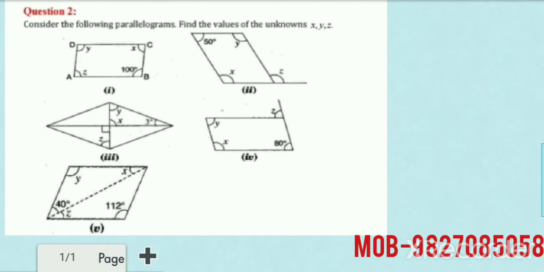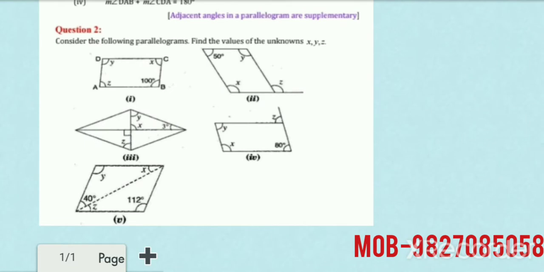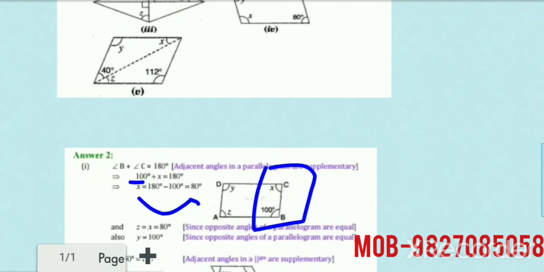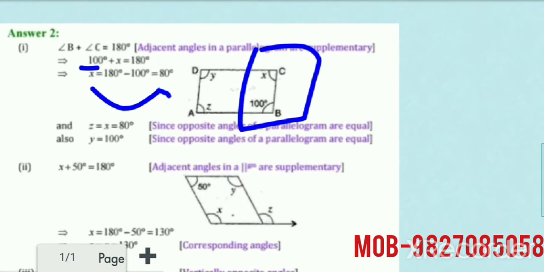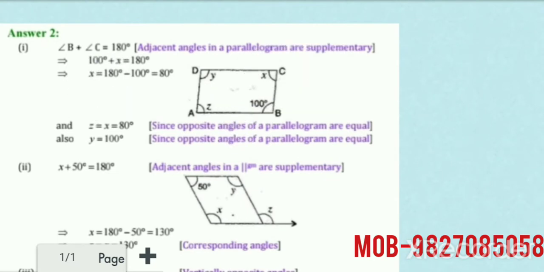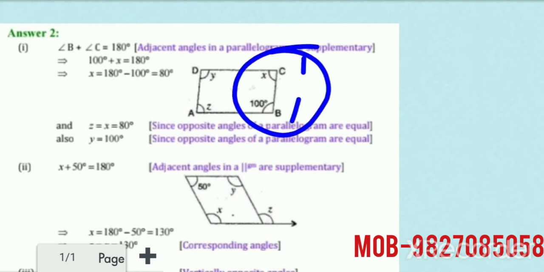Okay. Now question second, here some parallelograms are given. Find the value of x, y and z. Now question number first is here. x, we know that b plus c, the sum of b plus c, is equal to 180. Now b is 100, so the value of x will be 80.